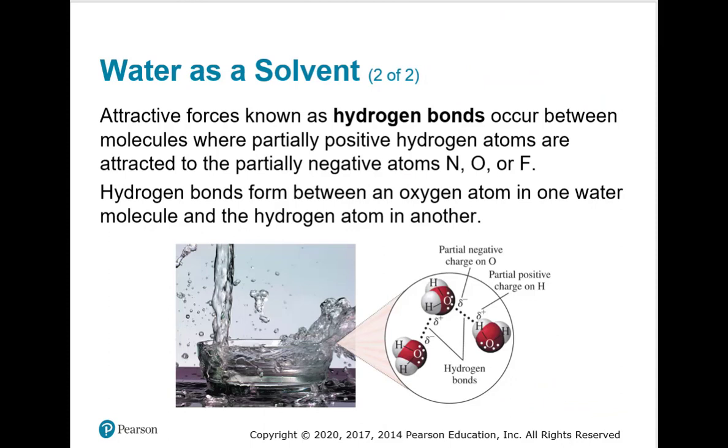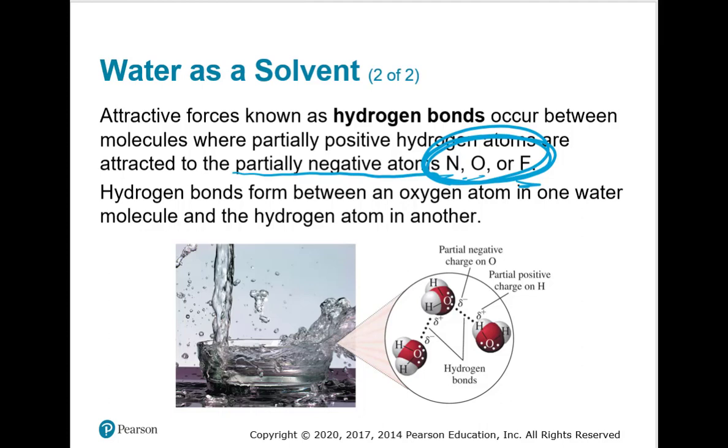Attractive forces known as hydrogen bonds occur between molecules where partially positive hydrogen atoms are attracted to partially negative atoms. These three in particular, I remember them as FON, like fondue: fluorine, oxygen, and nitrogen.